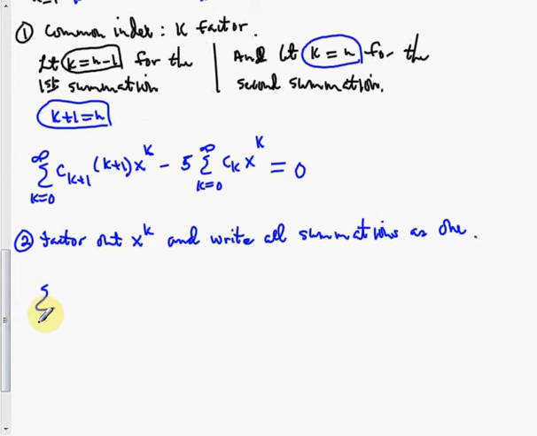So this is the summation as k goes from 0 to infinity, bracket c sub k plus 1 times k plus 1 minus 5 times c sub k, close the bracket, times x to the k is equal to 0. Again, x to the k is still confined to the summation, right?